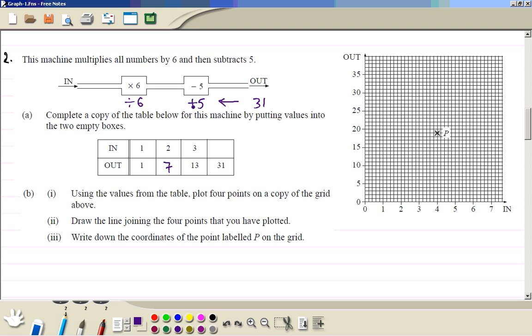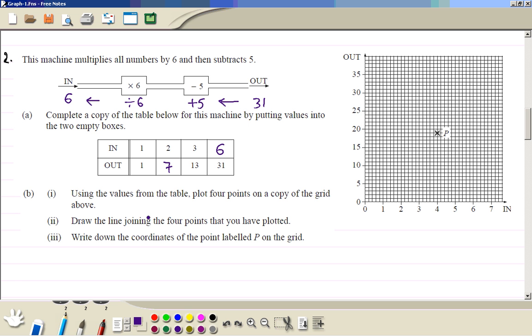So 36 divided by 6, the answer is 6. So if the input is 6, output is 31. You can just check, 6 times 6 is 36, take away 5 is 31. So the number here is 6.